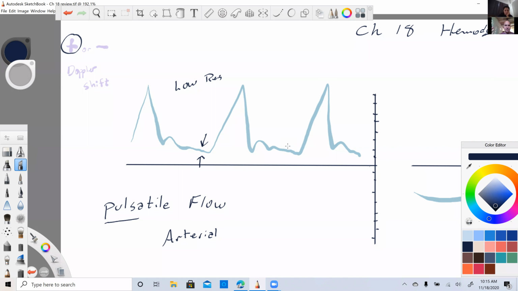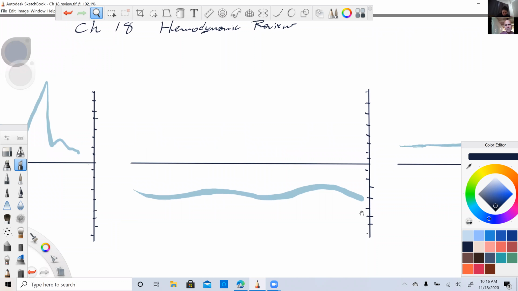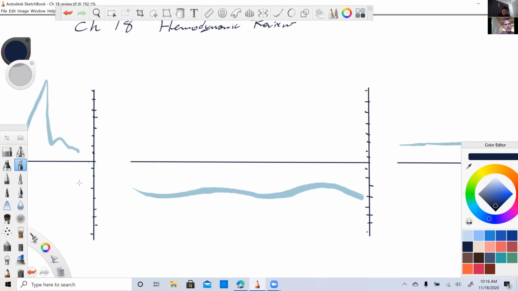So pulsatile flow typically is arterial, heart powered. Which makes me wonder, and I honestly don't know, and this would be a hard one to look up, I could tell you that.